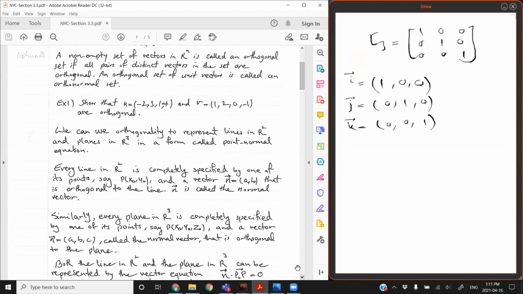Actually, if u dot v is positive, then automatically it means that theta is going to be acute. And if u dot v is 0, then theta is exactly 90 degrees or pi over 2. And if u dot v is negative, then theta would be obtuse.